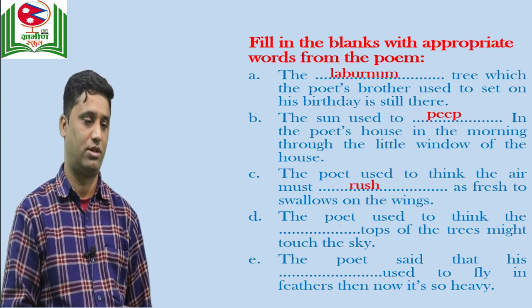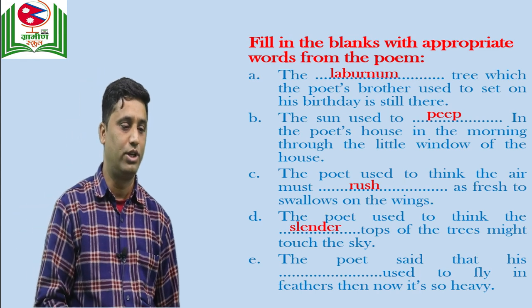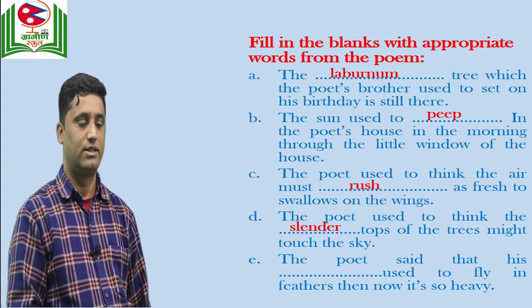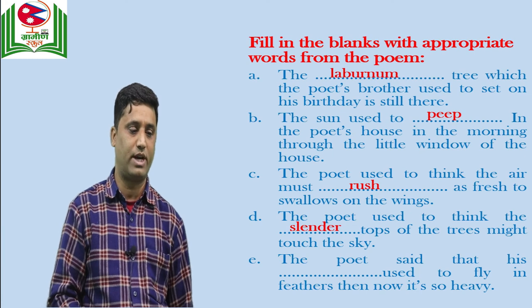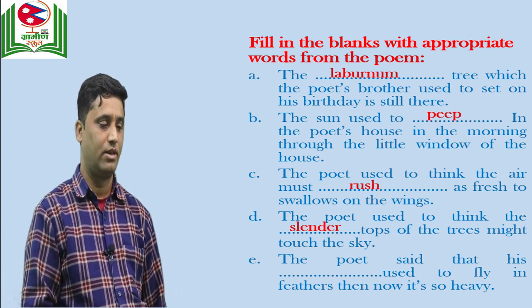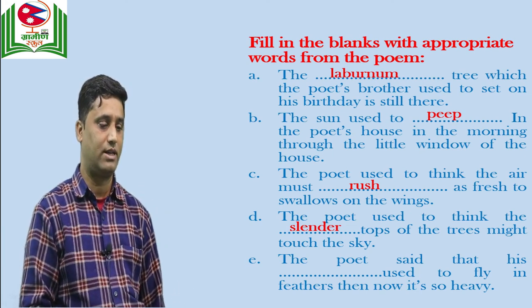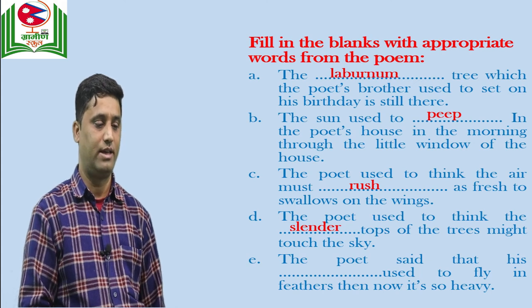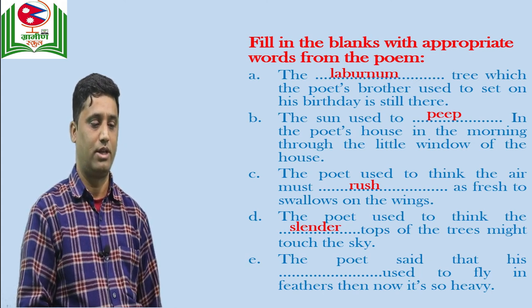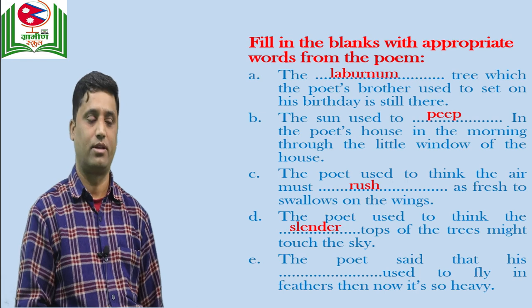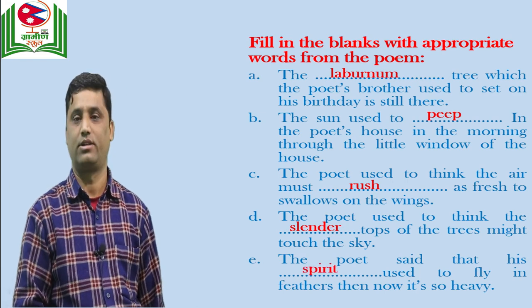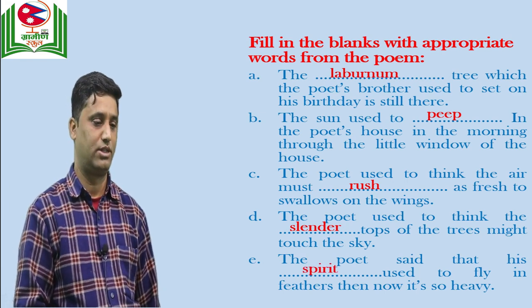Rush means run hurriedly. And the poet used to think the slender tops of the trees might toss the sky. And the last word, the poet said that he used to fly in feathers, but now his spirit is so heavy. Okay, so these are the words you can simply use.